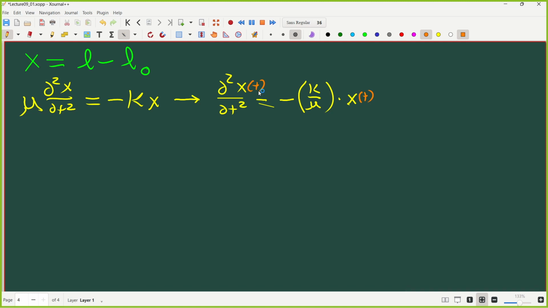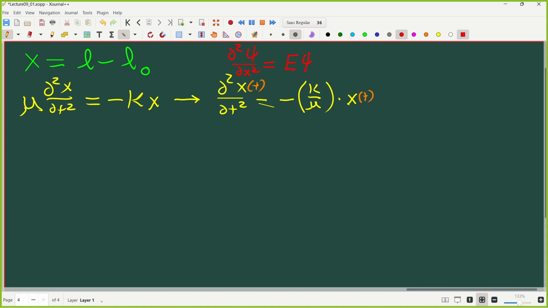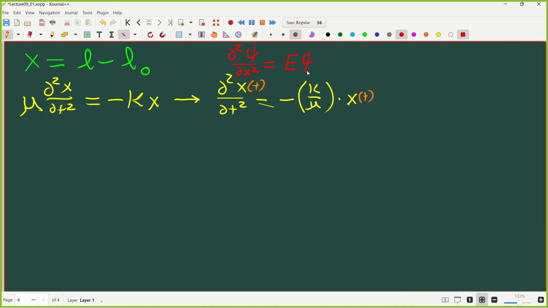This is the exact same formula as d squared psi dx squared is equal to E psi. Of course, we had different variables, but this was the equation that we solved for the particle in the box, since the second derivative of the wave function gives you the wave function back times a number. The harmonic oscillator is the same. The second derivative with respect to time gives you the function times a constant.